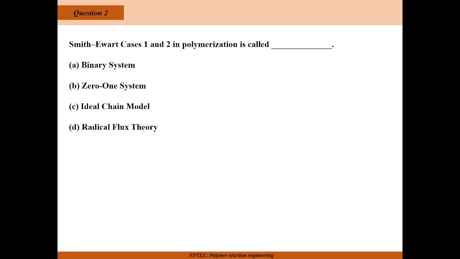It is generally called a 0-1 system. It basically depends on the availability of free radicals. If there is a presence of free radical, it is case 2, so it is called one system. If it is not available, it is case 1.